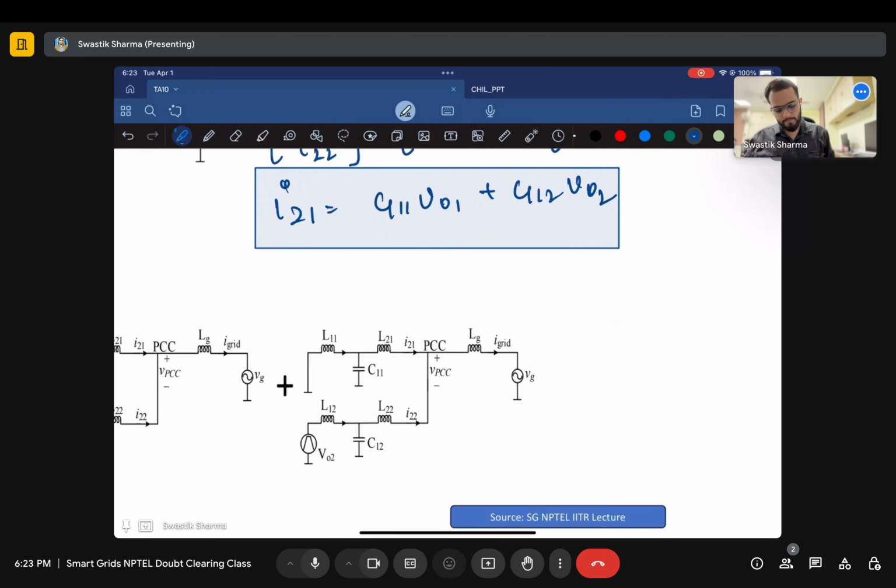And you will see that G11 and G22 are the same and G21 and G12 are the same.